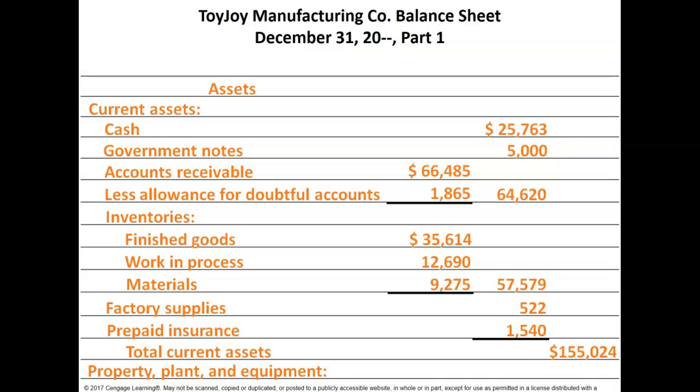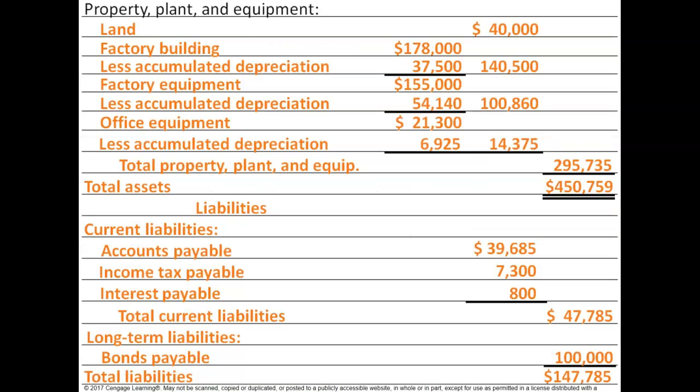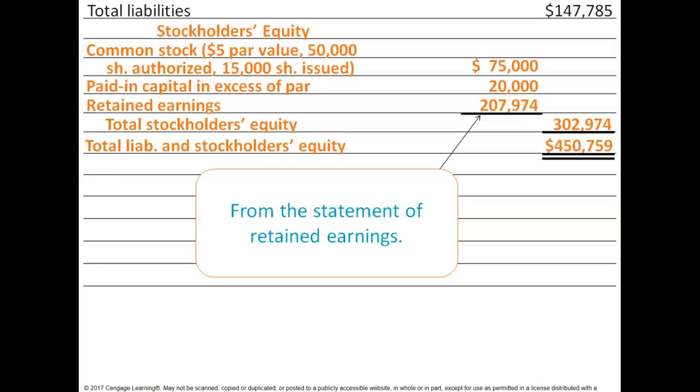And we see the asset side of our balance sheet, or the top portion of our assets. Then we will move to the bottom half. And this will take us through our liabilities. And then we will move to the last portion, which is our stockholders' equity, where you will, of course, see the retained earnings that showed up from the statement of retained earnings.